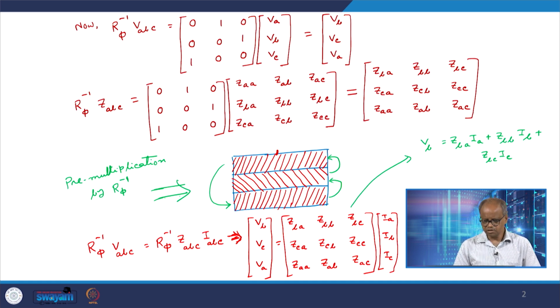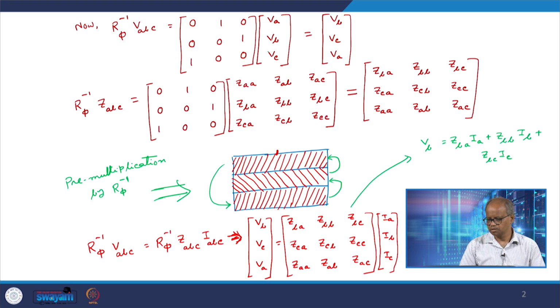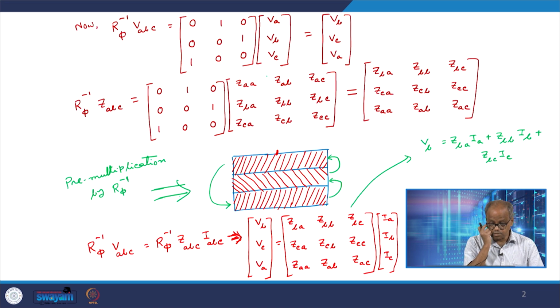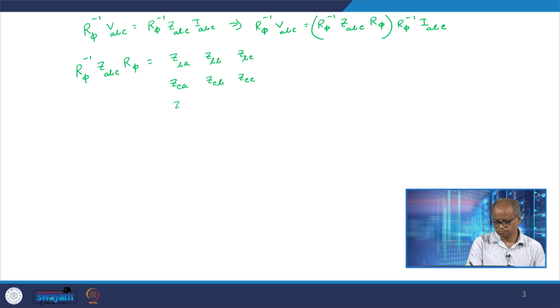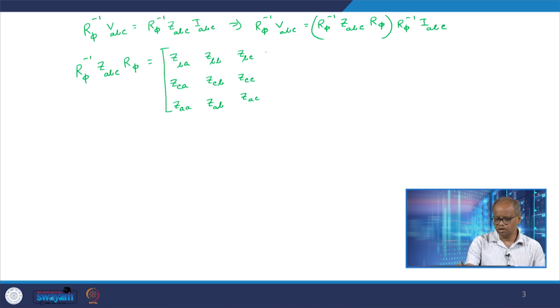R phi inverse into Z ABC, we have already seen, is ZBA, ZBB, ZBC, then ZCA, ZCB, ZCC, and then ZAA, ZAB, ZAC, and that is multiplied by R phi.